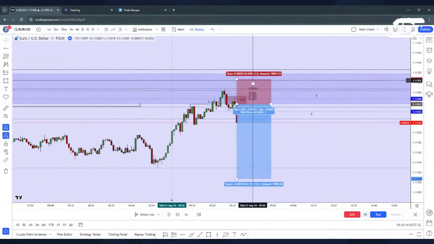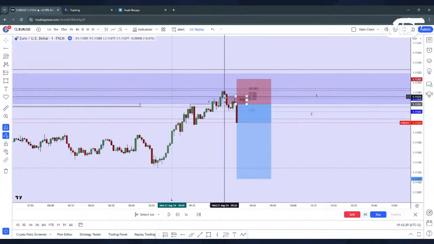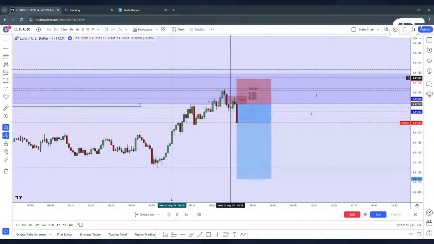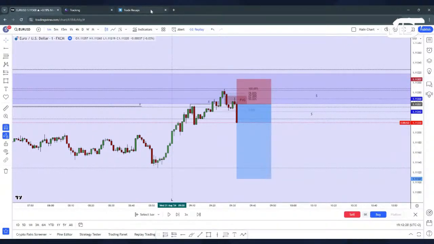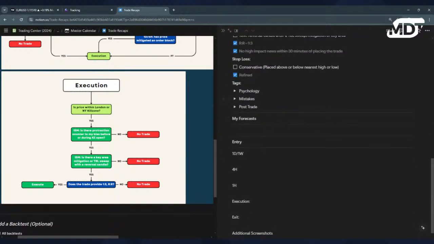Because technically, if we trade above here, we are invalidating this order block, we're invalidating the 5-minute one. We will still be respecting the 15-minute, but this is a 1-minute entry. So that's all I'm looking to respect. We had no high impact news. Our stop loss, actually, I don't put that there, 5 pips.